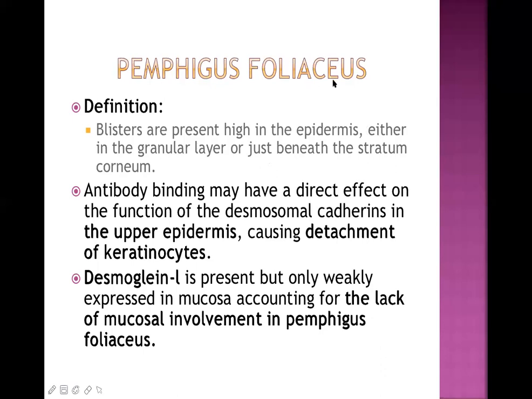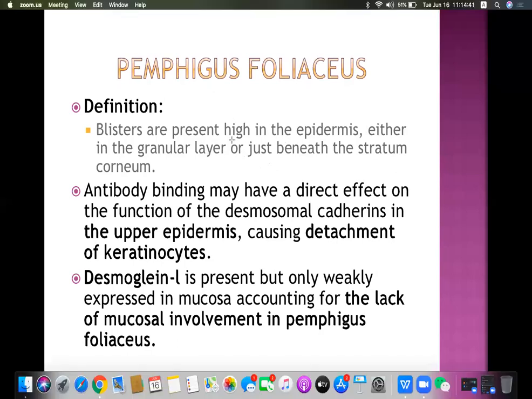Now after this, let's talk about one related condition, which is known as pemphigus foliaceus. What is the meaning? In this condition, the blisters are present high in the epidermis, either in the granular layer or just beneath the stratum corneum.